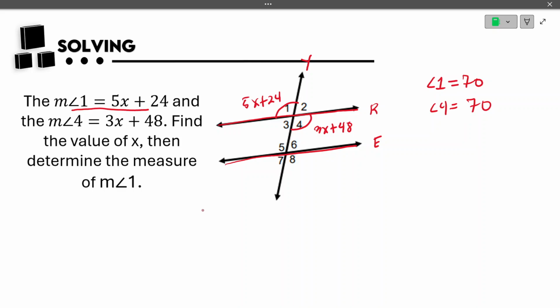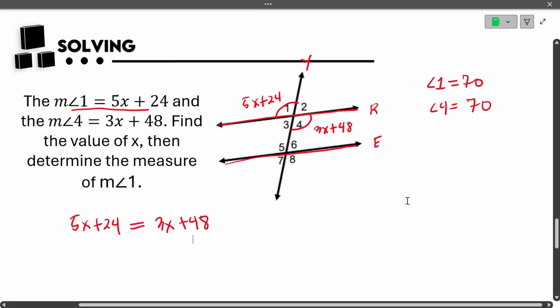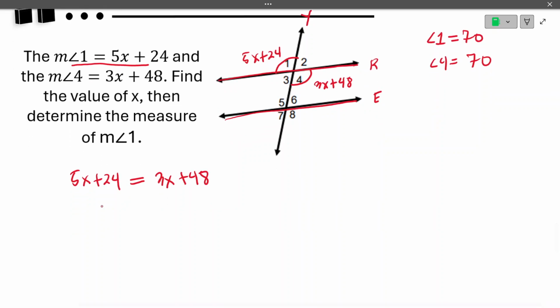Now, since the given in this problem are expressions, we can rewrite this as 5x plus 24 equals, because they are equal to each other, 3x plus 48. Now, it's the same method as the above problem. We will combine like terms by transposing.